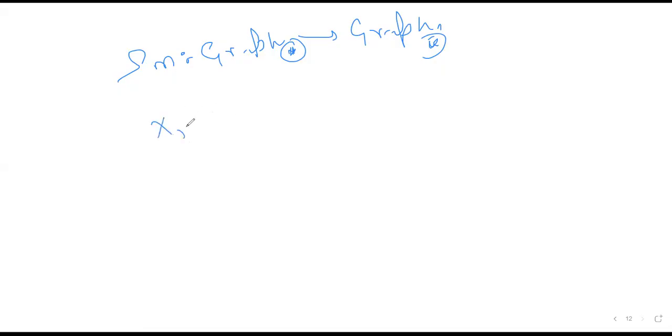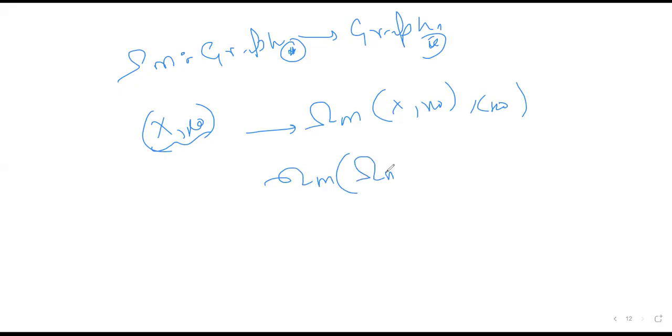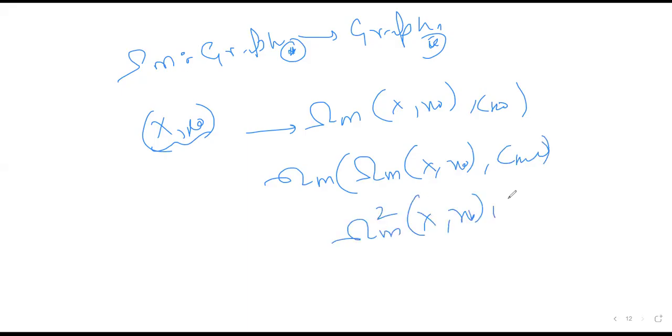Ω^m is the endofunctor. Why endofunctor? Because it sends the category of graphs to the category of graphs. Which type of graphs? From pointed graphs to pointed graphs. Okay, so how can we see this is an iterating functor? If we take (X, x0), then apply Ω^m to get (Ω^m(X, x0), c_x0), then apply Ω^m again, we can say Ω^m squared of (X, x0).